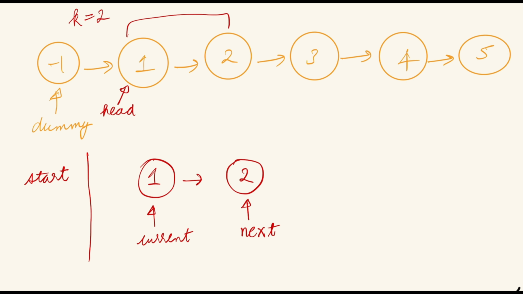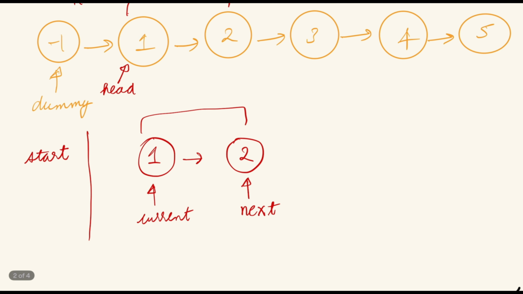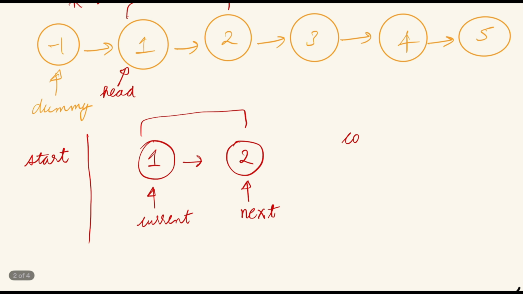And as we iterate over this sublist, how will we know that we have reached the end of the sublist? We are going to know by tracking the count of the number of nodes, and if the count becomes equal to k, then we know that we have reached the end of the sublist.